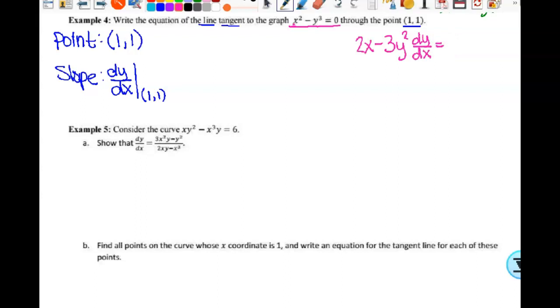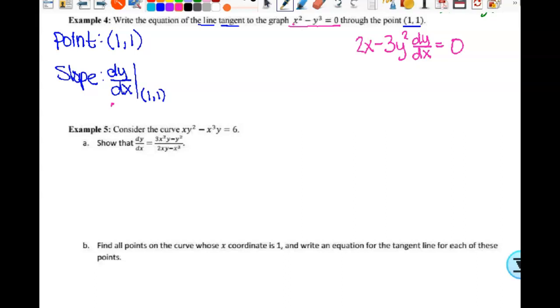The derivative of 0 is 0. Okay? So even though it's a little better to solve for dy dx, I don't have to. I can, but I'm going to need to evaluate dy dx at 1, 1. I can substitute in 1, 1 right here and get rid of the x and the y, and everything will just become a little bit easier.